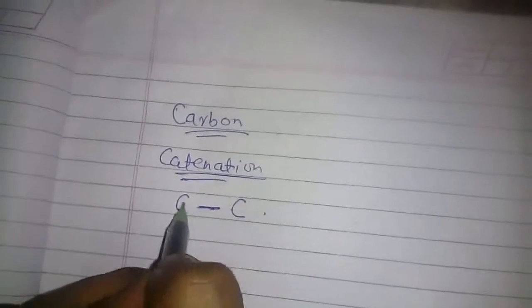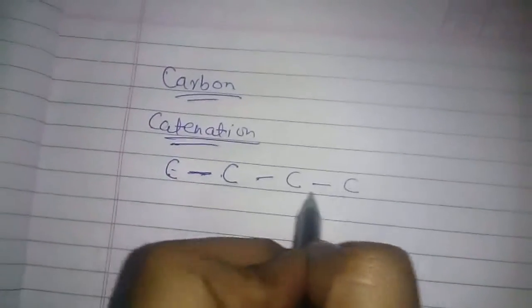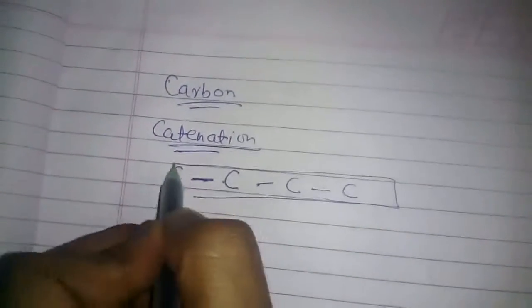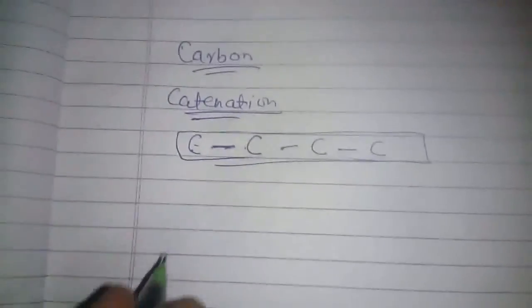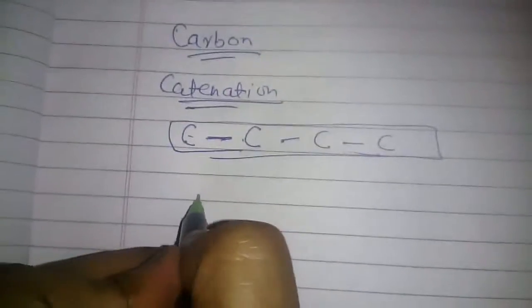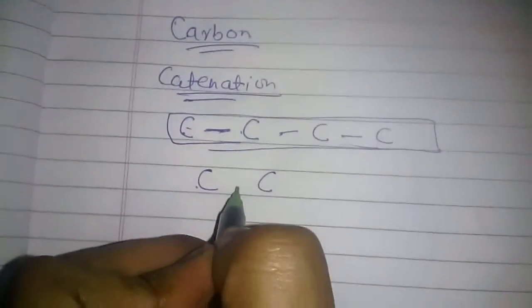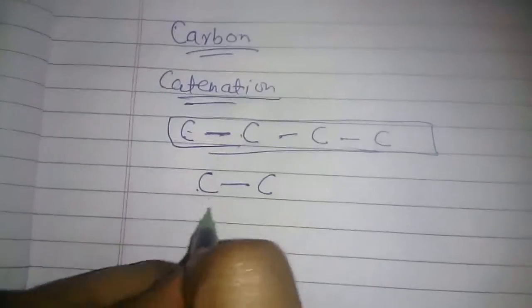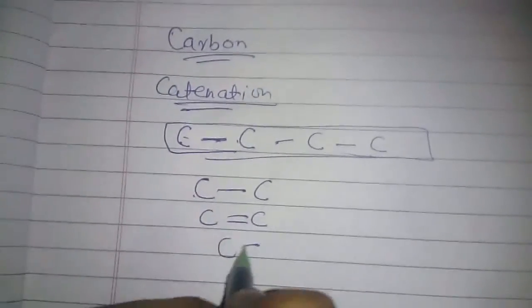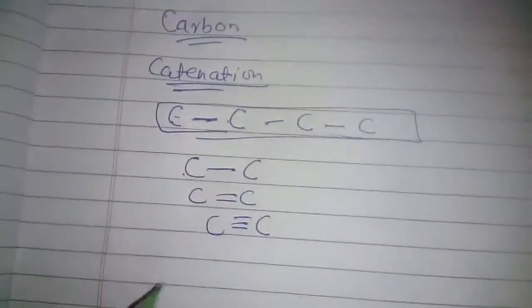Carbon can form linkage with carbon, again with carbon, again with carbon, and give rise to large chains. That property is called catenation. Carbon can even form a single bond between them, a double bond, even a triple bond.